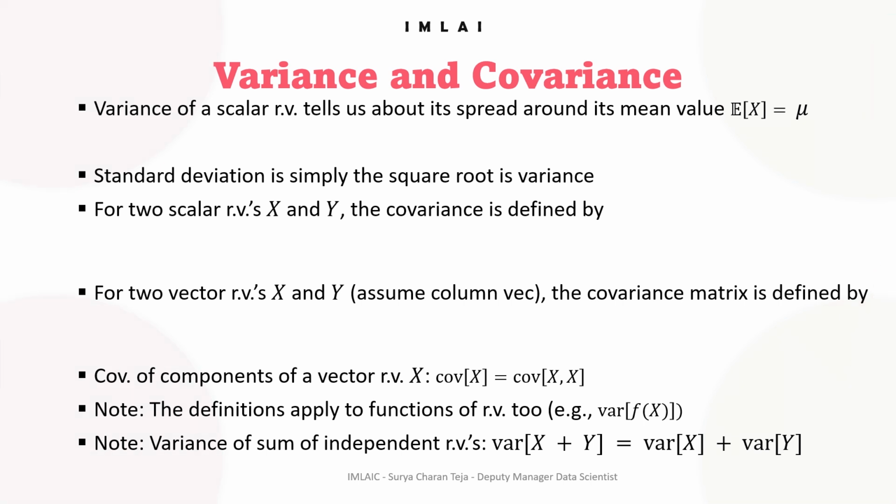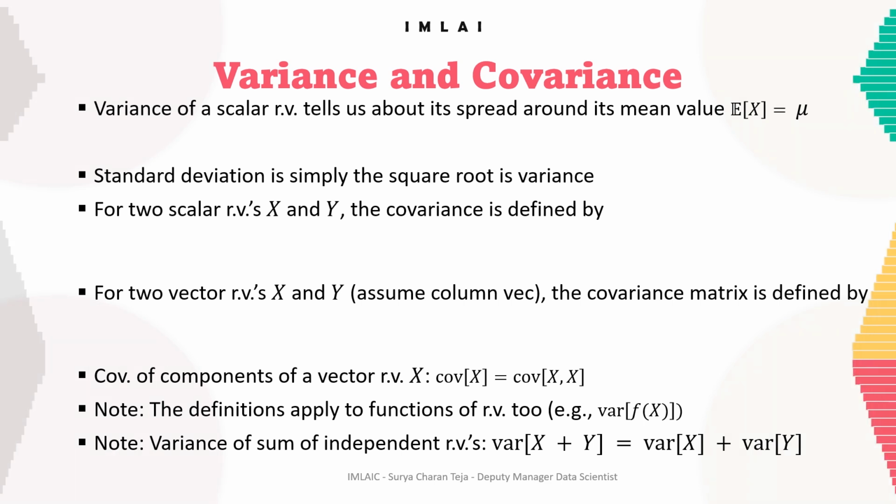Variance measures how far a random variable deviates from its expected value, while covariance measures how two random variables vary together. That's it.